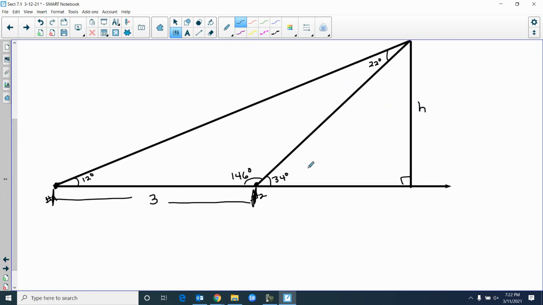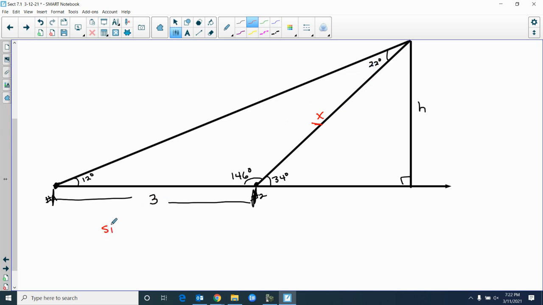Well, in order to find H, I know 34. If I can find either this length here or this length, I can find H. Well, I'm going to be able to find this length here using law of sines. So you got the 12 degrees, we'll go with the X. And then the 22 degrees will go with the 3.